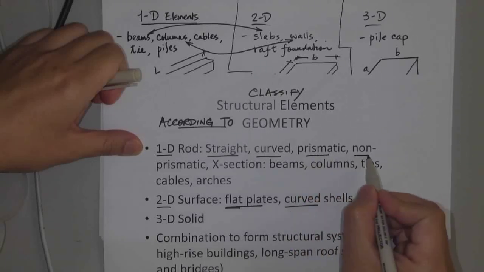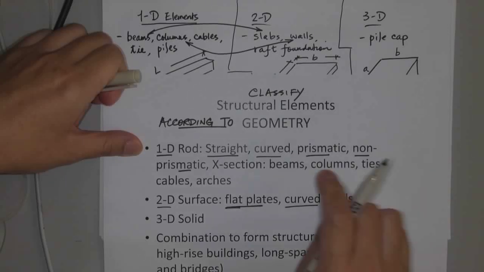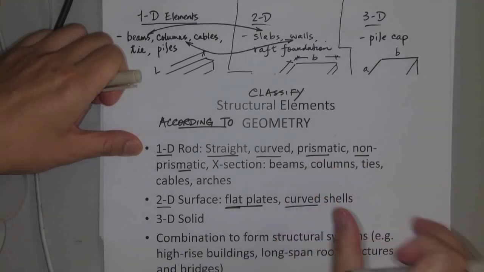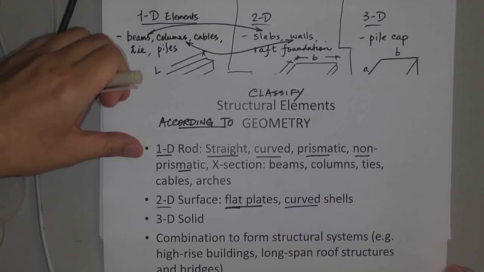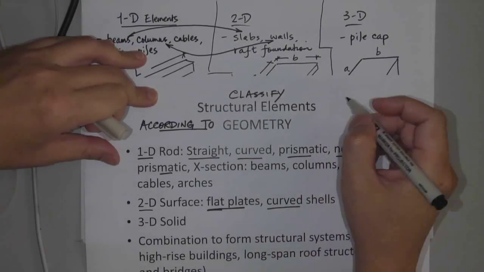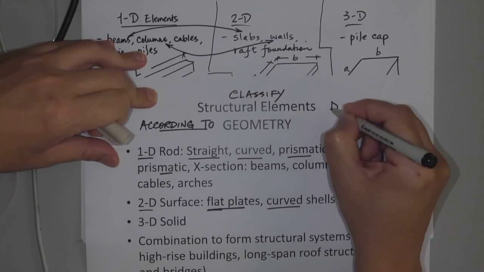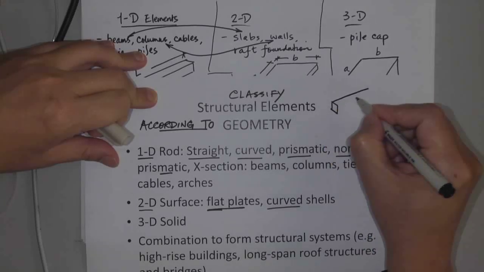And another new word, prismatic and non-prismatic. Beams don't have to be prismatic. That's also very common in building structure. What we mean by prismatic, maybe I'll just put a little sketch at this corner. So usually a beam would look something like this. Assuming the cross section is rectangular, it would look just something like this.